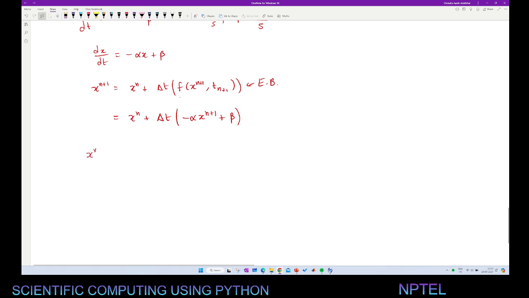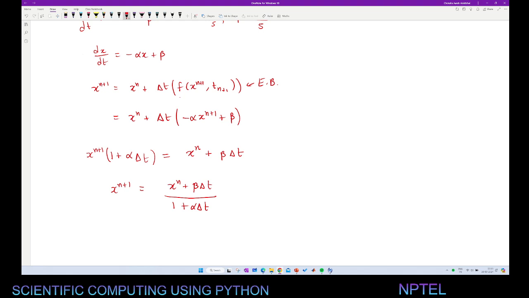Now the coefficient of x_{n+1} will be 1, and from the right hand side we get plus alpha delta t, right? And this is x_n plus beta delta t. So x_{n+1} is equal to x_n plus beta delta t, divided by 1 plus alpha delta t.